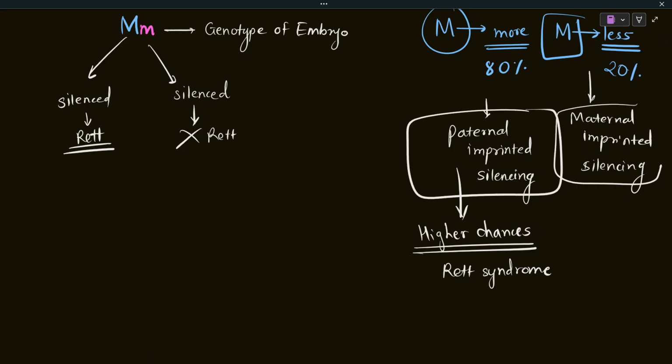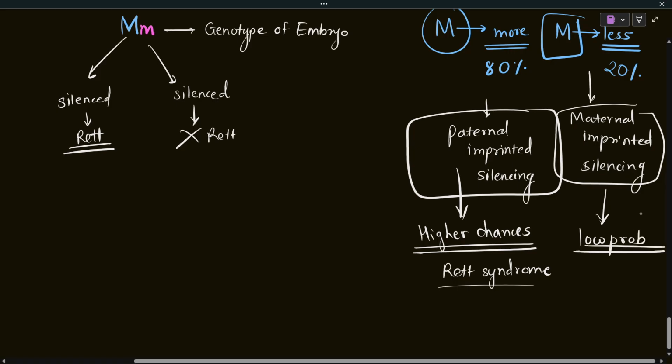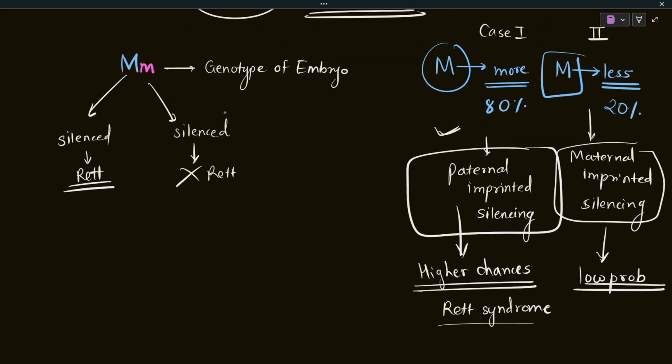But if there is maternal imprinted silencing, the chances that the embryo is going to develop Rett syndrome will be low. So this is how the skewedness of whether the paternal or maternal copy will be silenced plays a role in the development of Rett syndrome.